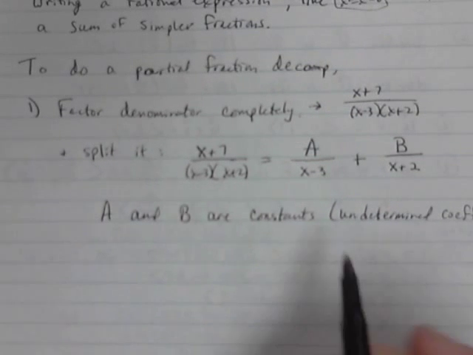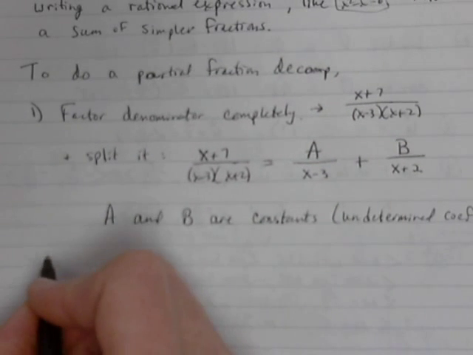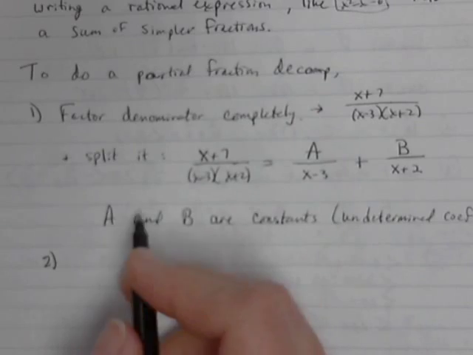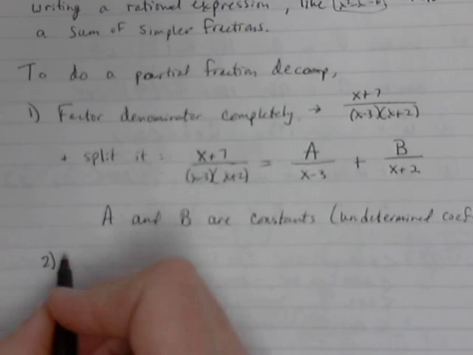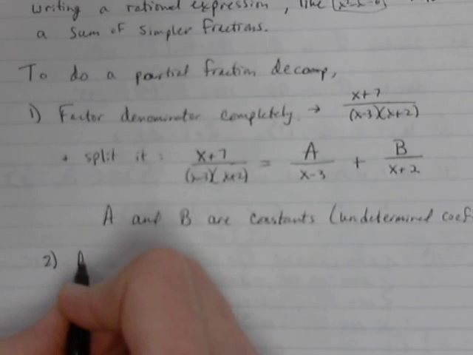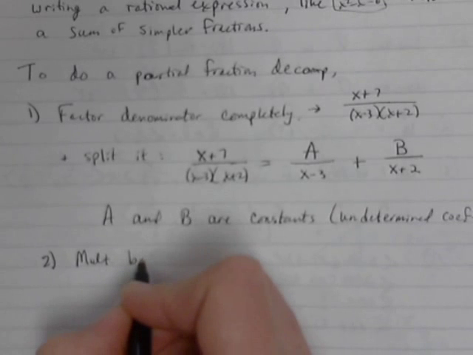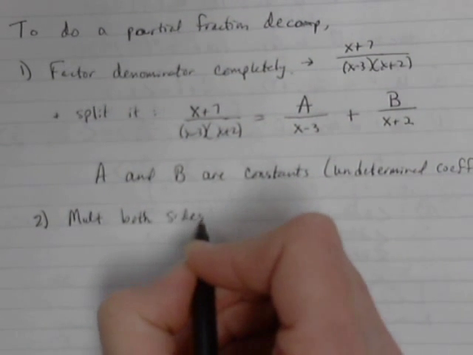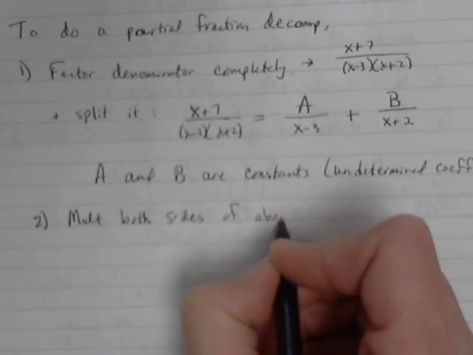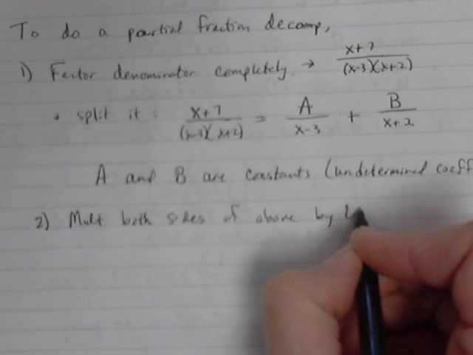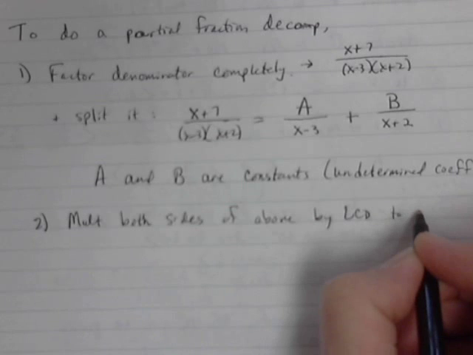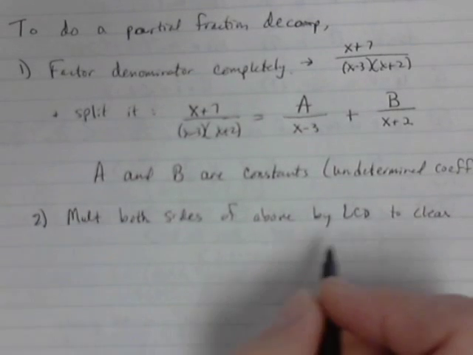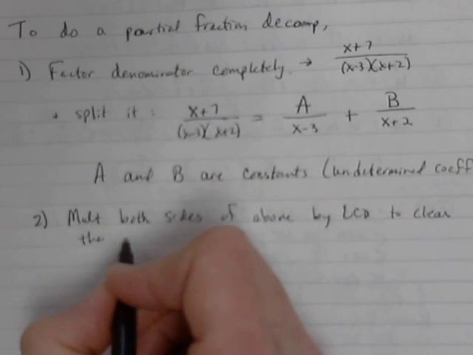After you get done splitting the fraction, then the next step is to multiply both sides by the LCD to clear the fractions, or to clear the denominators.